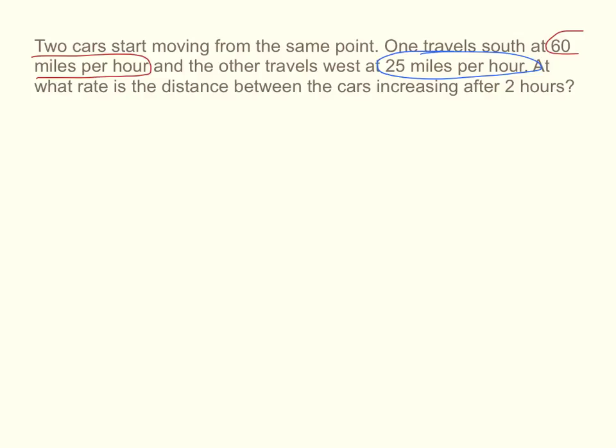These are both units per time measurements. These are both rates. These tell me that this will be a related rates problem. So we will need to use implicit differentiation with respect to t.